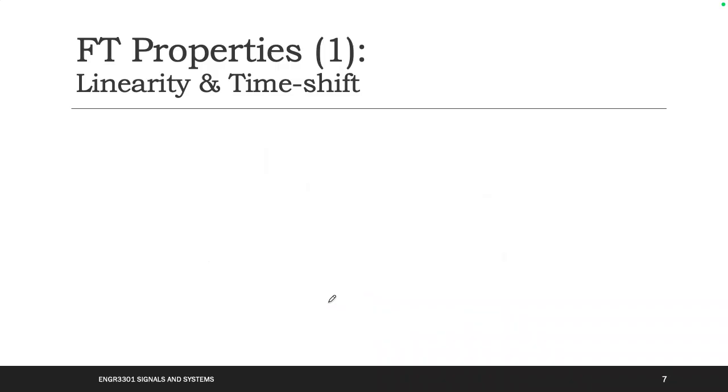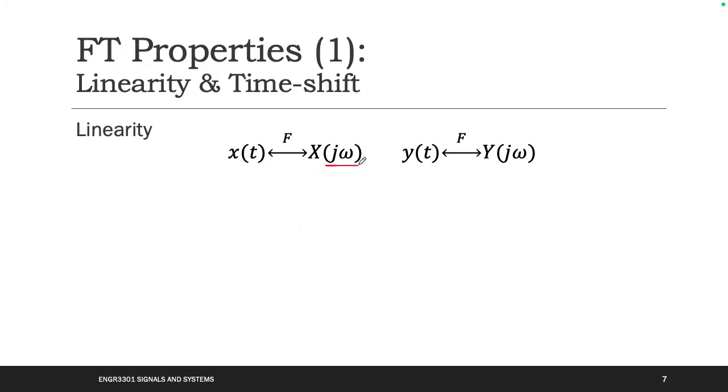The linearity is actually very similar to the linearity property we talked about for the FS coefficient. Which means if you have any signal, not only a periodic signal, any signal x(t), and the FT is X(j omega), and for another signal y(t), you have its FT.